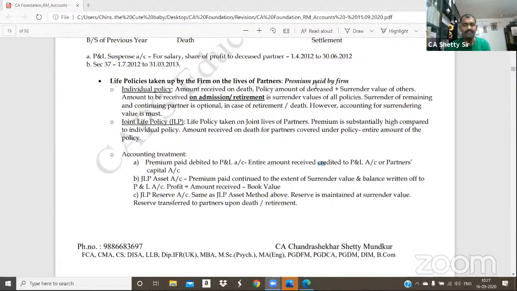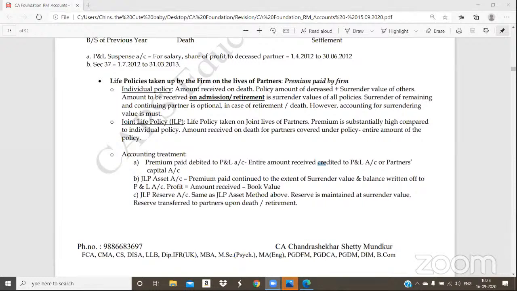Below that, X dies, 90 lakh received. Profit is equal to, it is like a sale of an asset here. Profit is equal to 90 minus 30, that is 60 lakh. Look at this, 2 options.